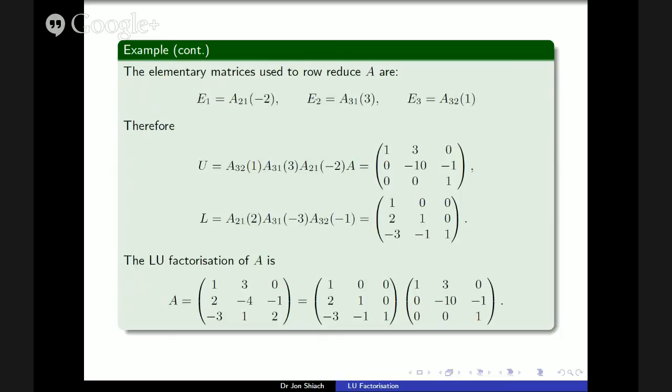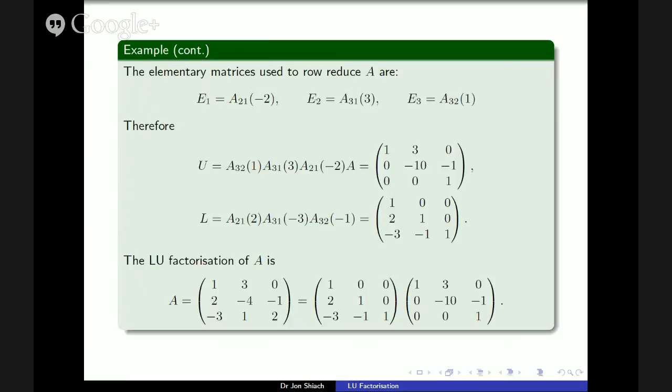So what we have here is we have U. Okay, so U is the reverse order in which they were applied. So reverse order, the last thing I did was add minus 16 lots of row 2 to row 3.